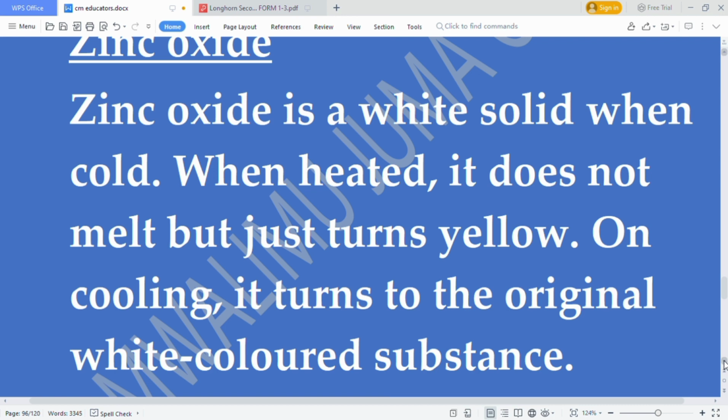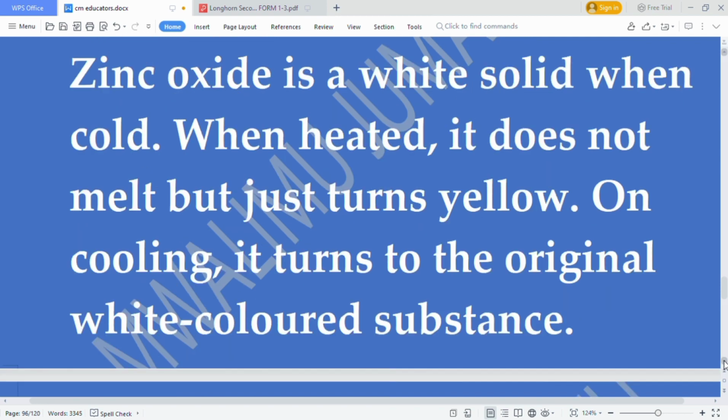A white solid when cold, and when heated it turns yellow. On cooling it turns to the original white colored substance that we had before. So zinc oxide is white when cold and yellow when hot. So it only experiences a color change.